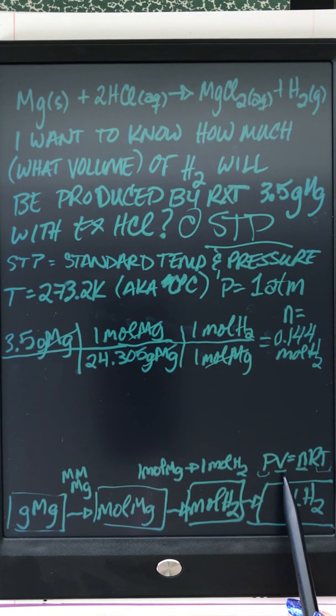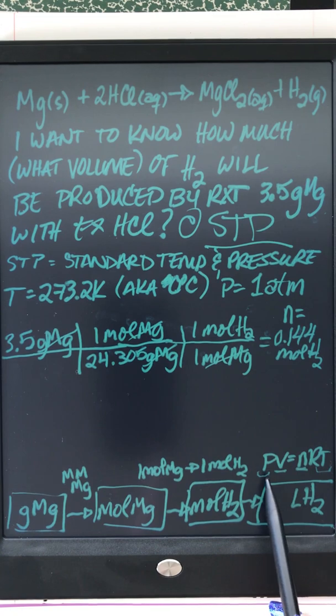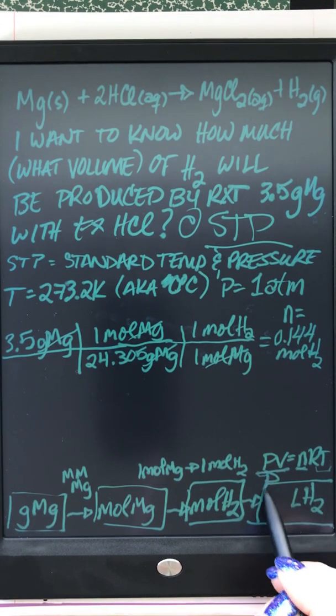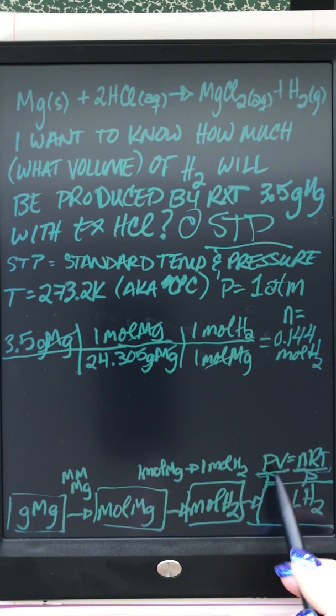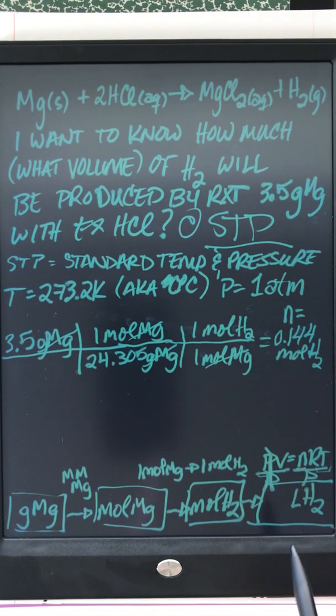So if I want volume by itself, I need to divide both sides of the equation by P. Just P. So if I divide both sides by P, P goes away here, and I'm left with just volume on this side.